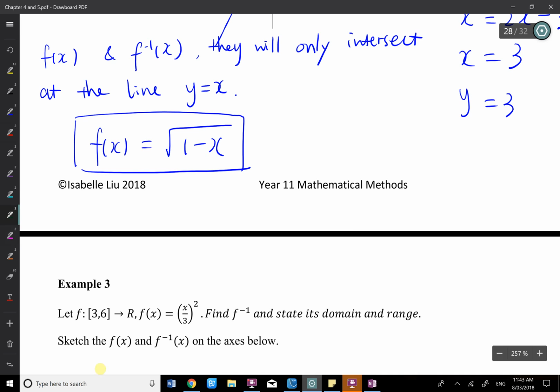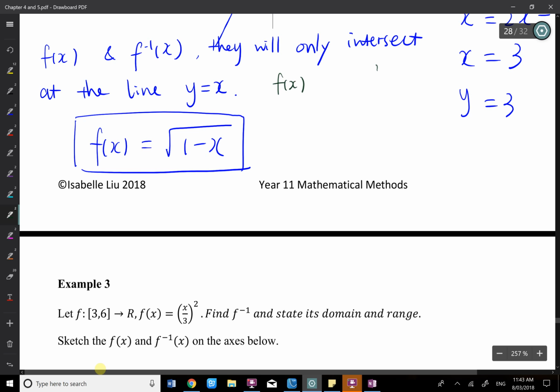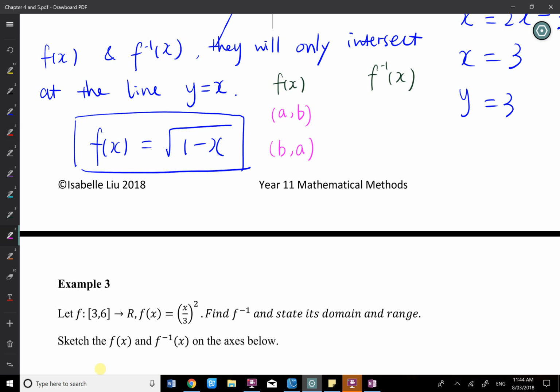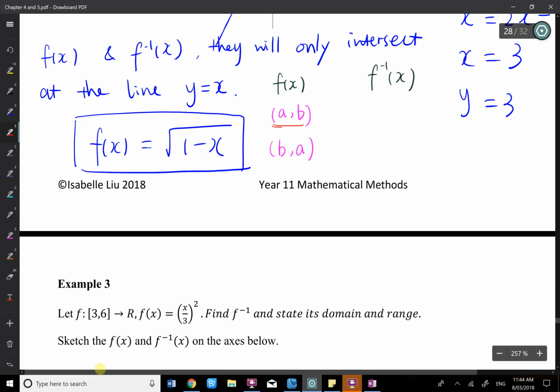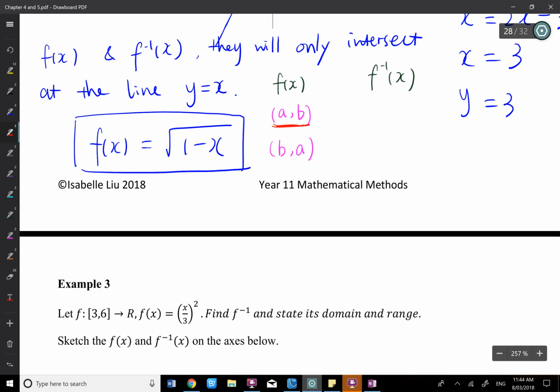For example, I have a function f(x) and this inverse function f inverse x. I have coordinates (a, b) here, and also coordinates (b, a) on y equals f(x). So if you have a point (a, b) on f(x), what point will you have on the inverse? (b, a).